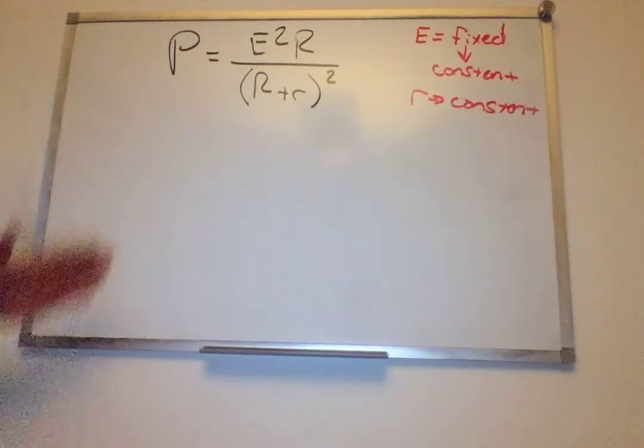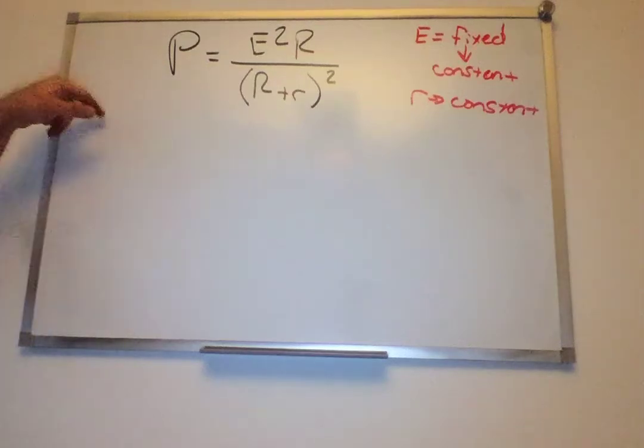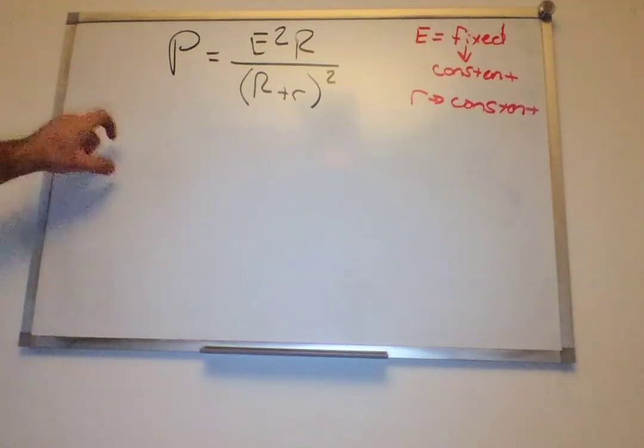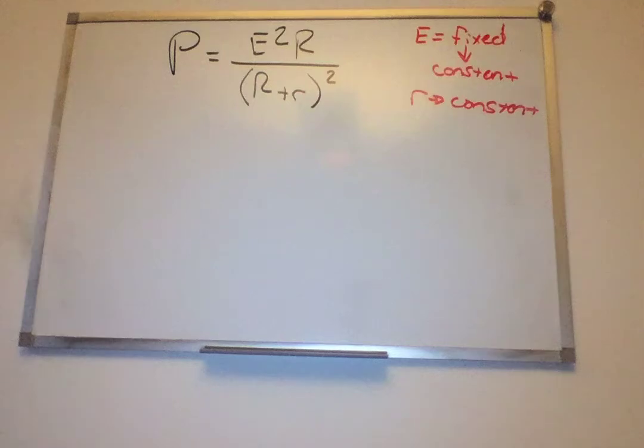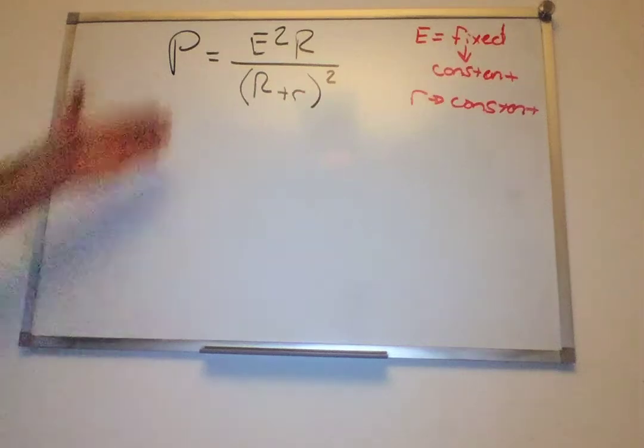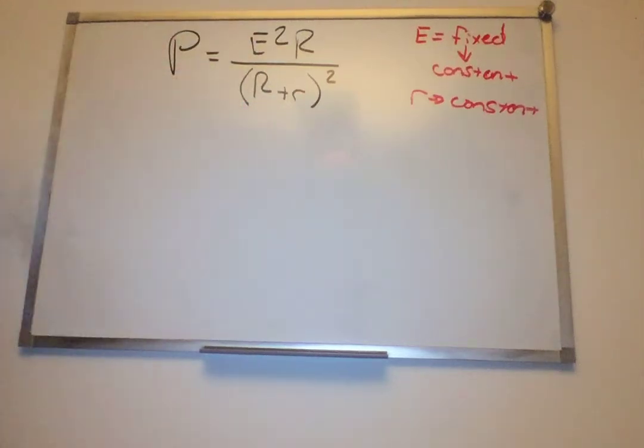Now, where do they get this equation from? I mean, you'd have to draw a little circuit and battery with a resistor attached to it and all that. And then you could work out the equation like that. But we're not going to do that here. You find that out in physics, find that out in circuit analysis.